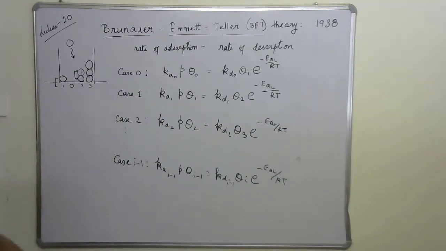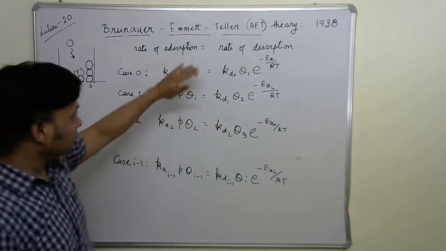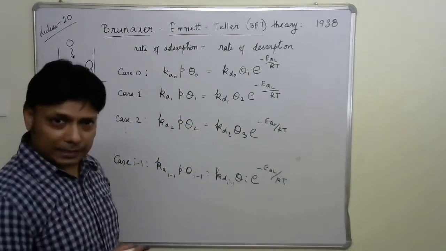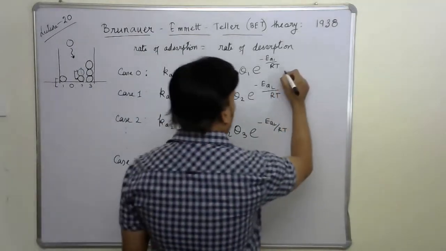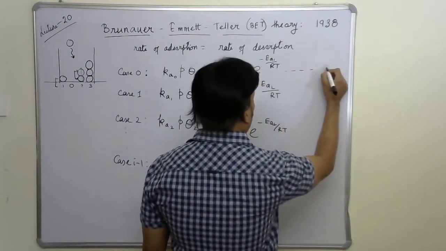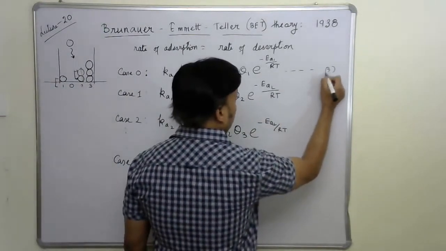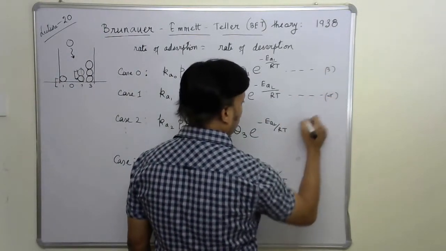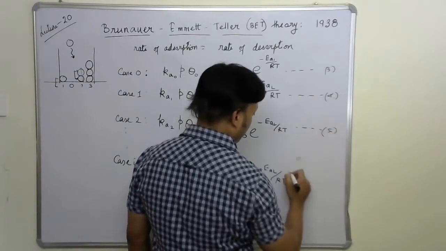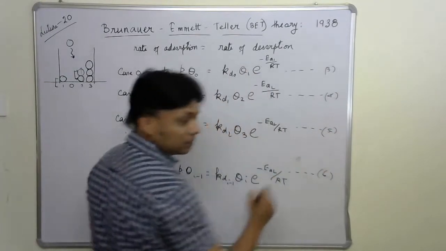Now you see we have four different sets of equations and we can number them. We already have equations 1 and 2, so we can call these equation 3, equation 4, equation 5 and equation 6.